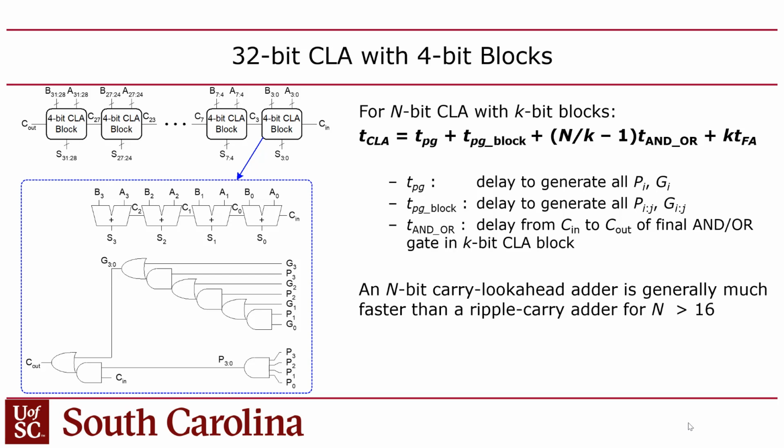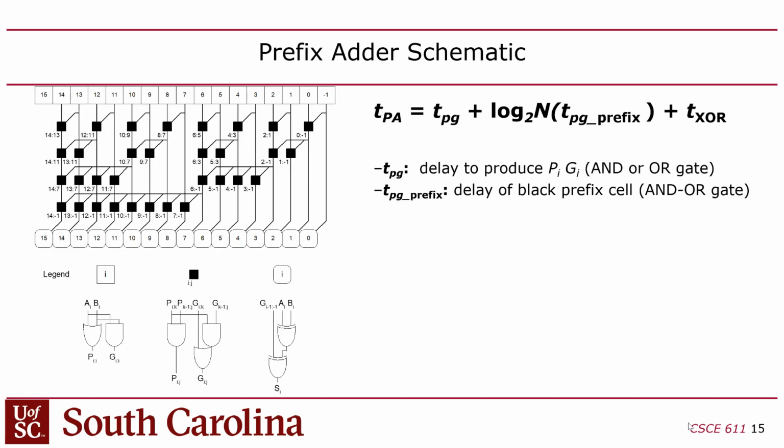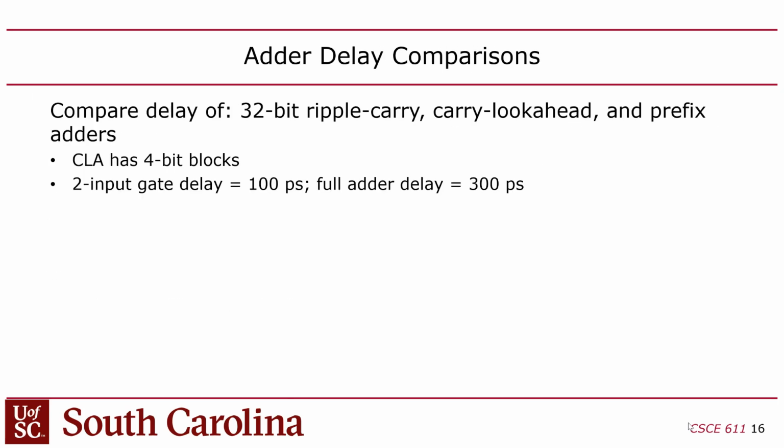Yeah, it says here an n-bit carry lookahead adder is generally faster than a ripple carry adder for n greater than 16. But for a prefix adder, do they have a rule like that? No. But here's an example of a question I might ask. Compare the delay of a 32-bit ripple carry, carry lookahead, and prefix adder, assuming the carry lookahead has 4-bit blocks, because of course we could change that block size.